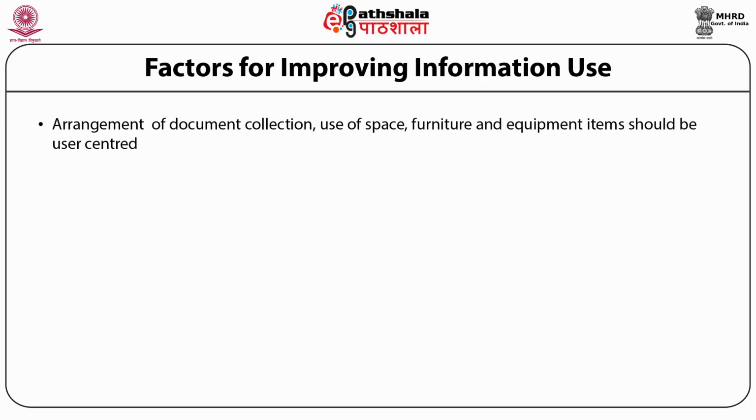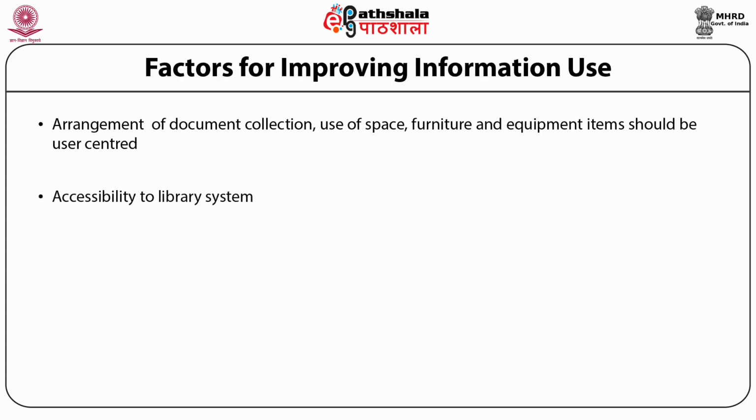Use of space in the library, use of furniture and equipment items, etc., should be user-centered as far as possible. This will facilitate improving the use of library resources and services.